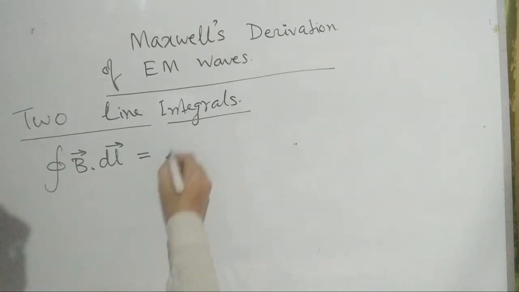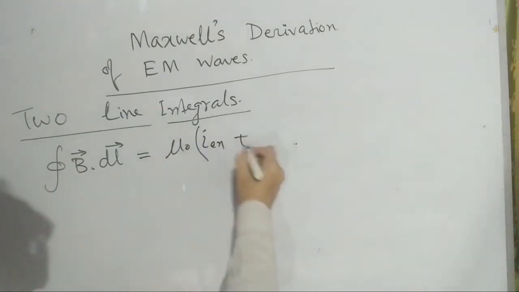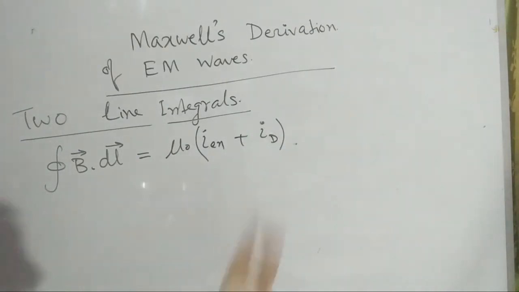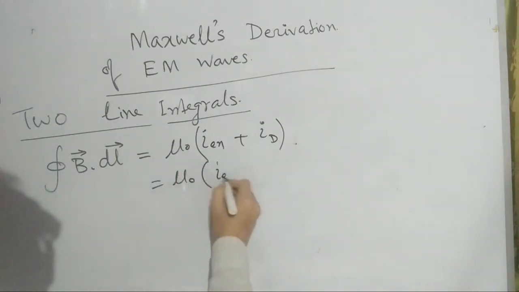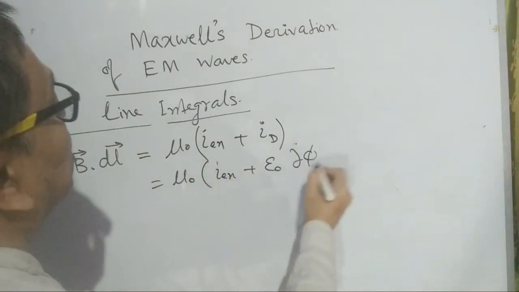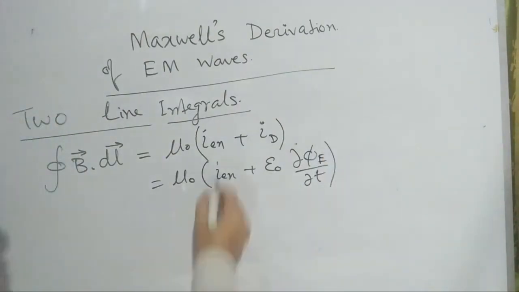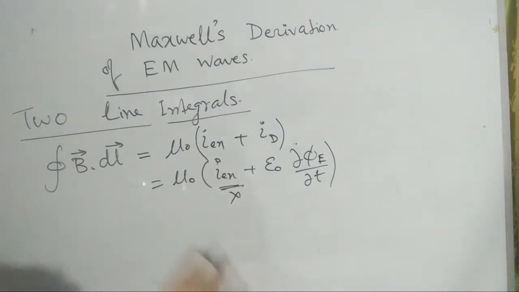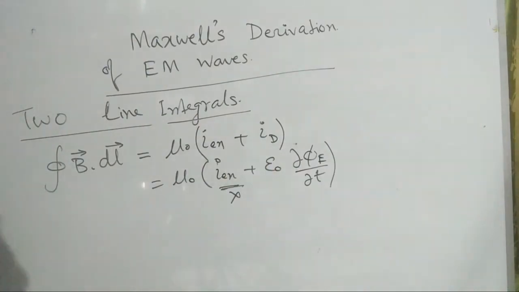The law is basically not only mu naught into I enclosed, but also the displacement current, which is mu naught into epsilon naught times d phi by dt. In space, the conduction current is not present. This one is the conduction current and this one is the displacement current.